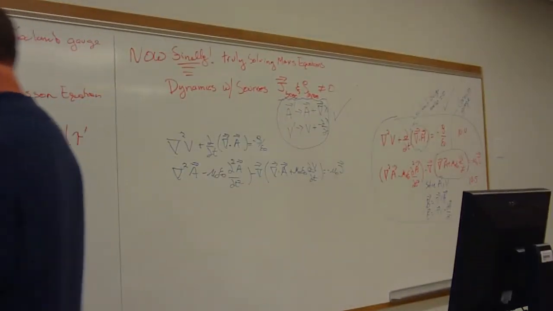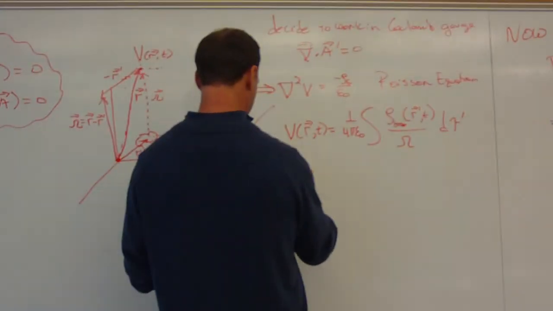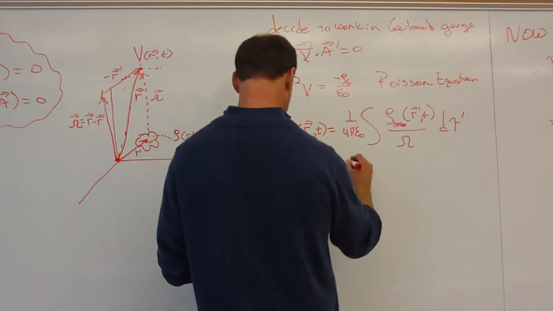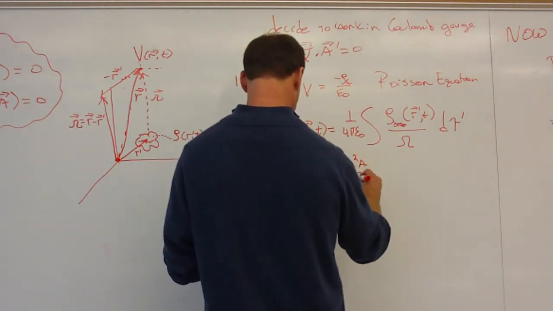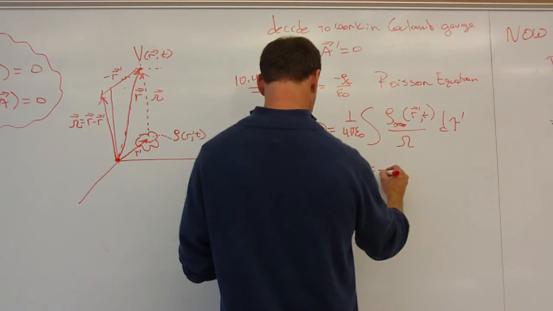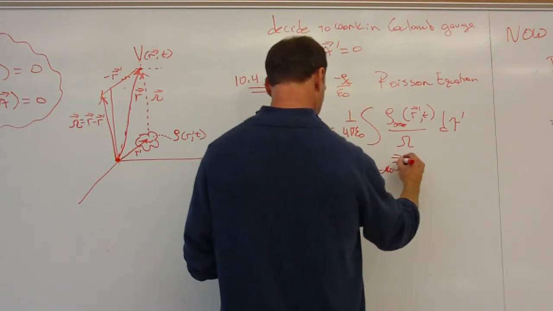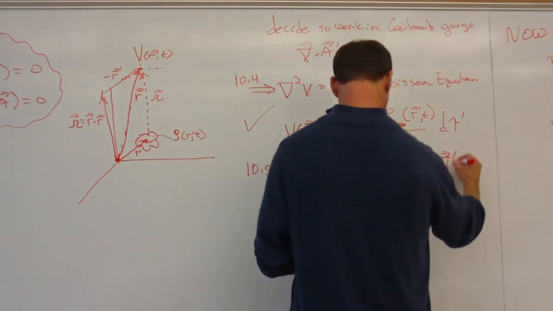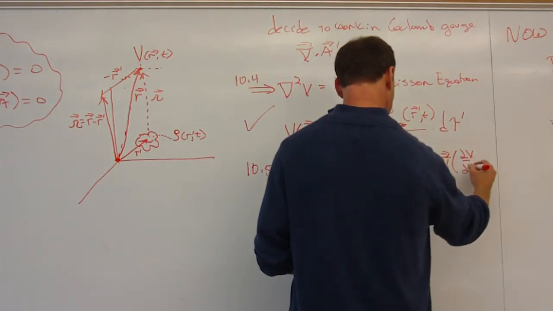So 10.5 reduces to the Laplacian of A minus mu naught epsilon naught times the second partial of A with respect to t squared, equals minus mu naught J plus mu naught epsilon naught times the gradient of the partial of V with respect to t.